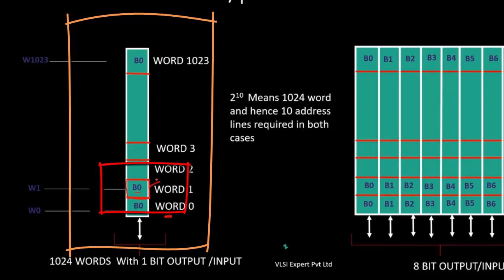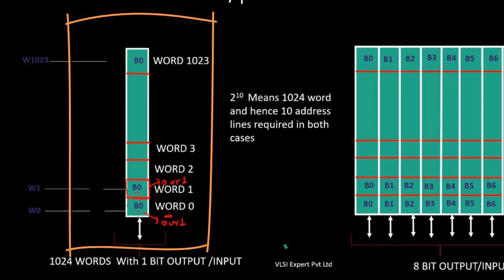This one bit can either be 0 or 1. I don't know yet, but here I say I'm storing a bit in this box, and it can either store a 0 or 1.